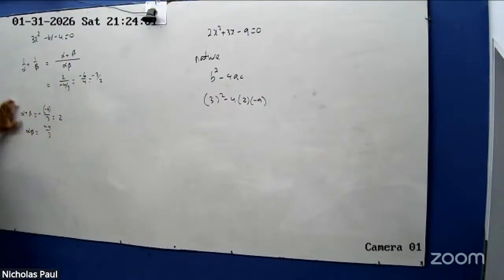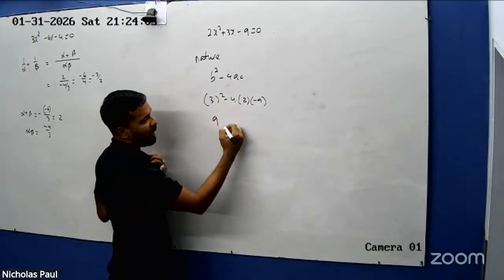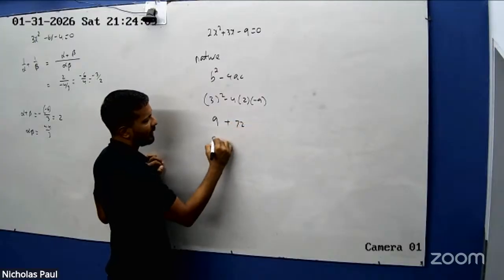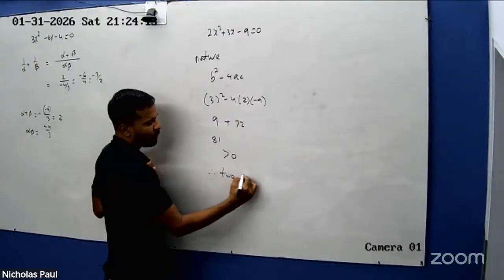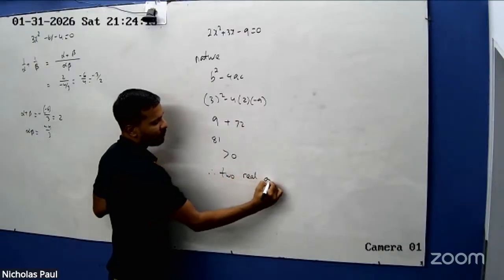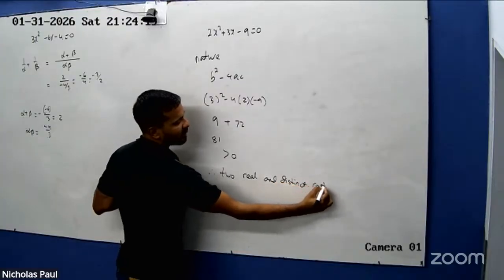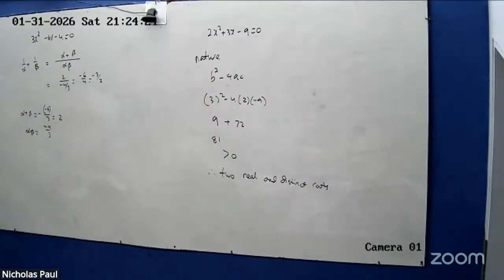I simplified and I was supposed to put that first. Right? When you work this out, you got 9 plus what? And that's 81, right? Which is more than 0. Therefore, you have 2 real and distinct roots. That's all they want. 1 mark.